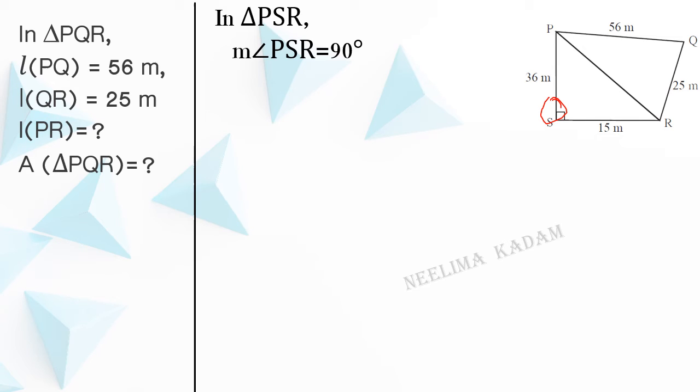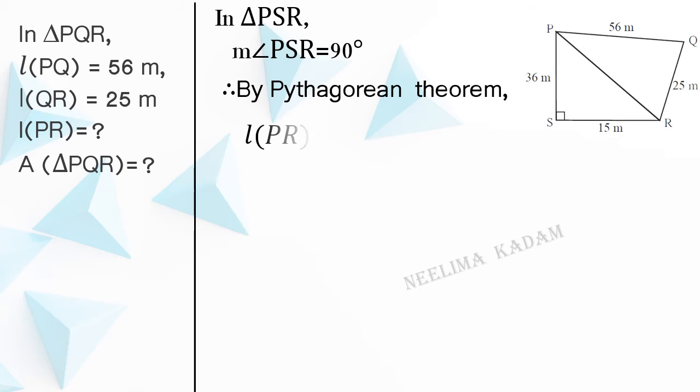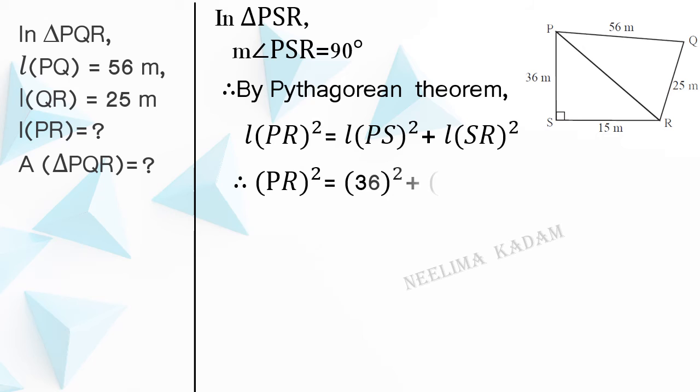So using Pythagorean theorem, we can find out the length PR. Okay. So by Pythagorean theorem, hypotenuse square, that is PR square, will be equal to PS square plus SR square. PS and SR is given. Putting the values, length PR square equal to 36 square plus 15 square.